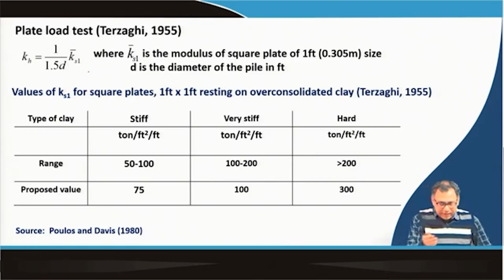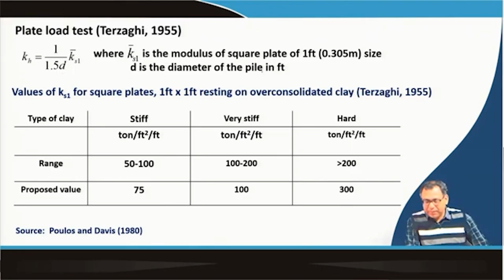Okay, so these ks1 values will be obtained from the plate load test, and the values are given for different types of clay soil. So, for stiff clay, very stiff clay, hard clay, it is given in ton per feet cube. This range is given and this is the proposed value. That means, for stiff clay, this ks1 proposed value is 75 ton per feet square per feet. So, that 75 ton per feet square per feet we will use here, and then we will divide it by 1.5 times the diameter of the pile.